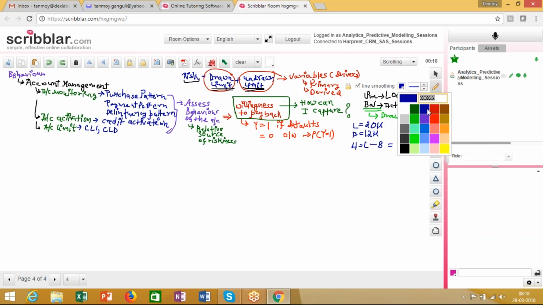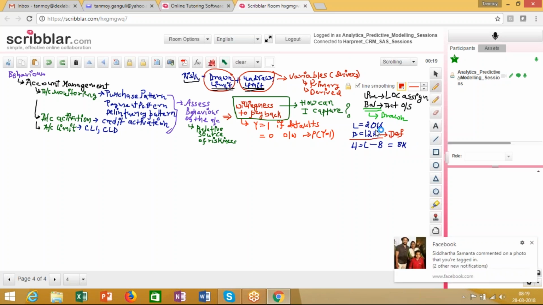Now say I am a borrower who defaults, right? With this 12,000 outstanding, I just go ahead and default. Now the riskiness is not only arising from this 12,000.